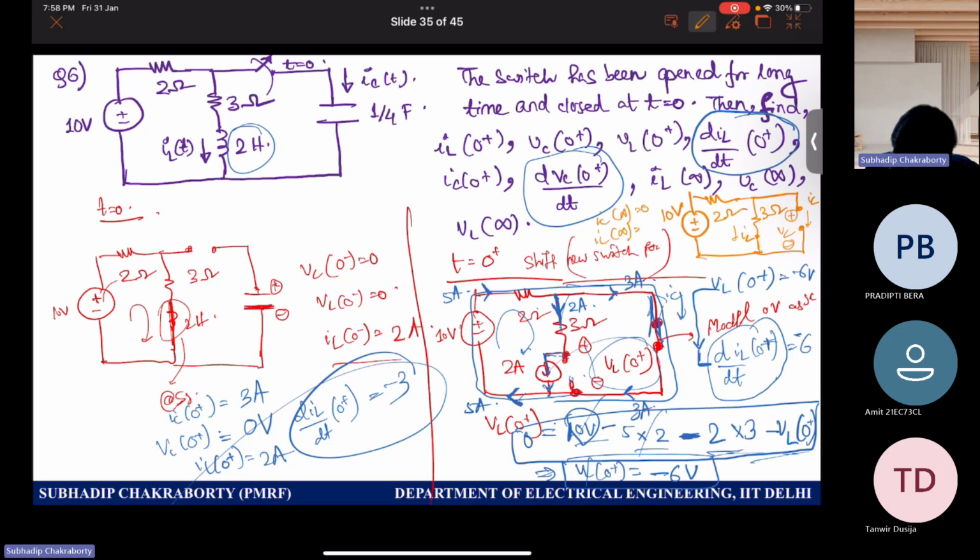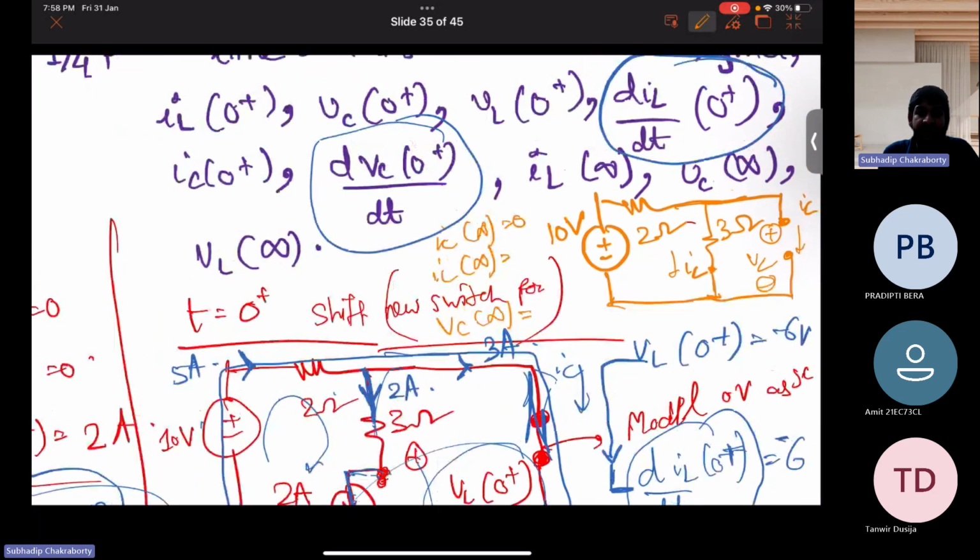And also tell me VC at infinity. Calculate IL at infinity and VC at infinity from this. I'm zooming the circuit. So this is open, right? So this is 2 amperes. This is 2 ampere. So apply Ohm's law, and this 2 ampere will flow here.